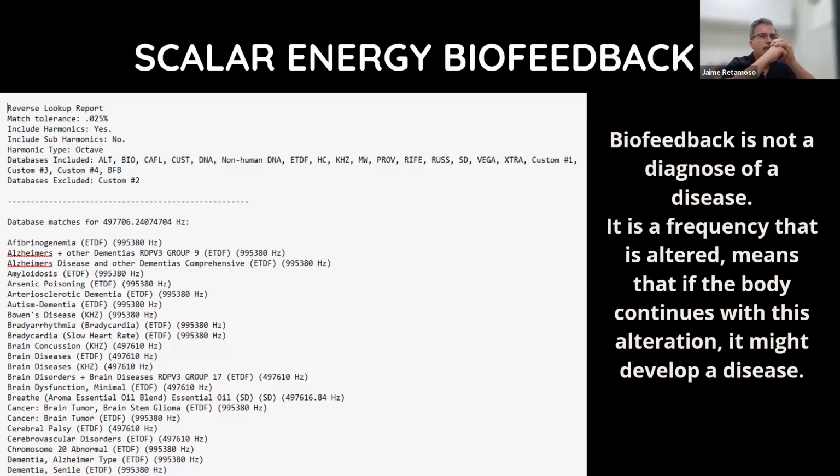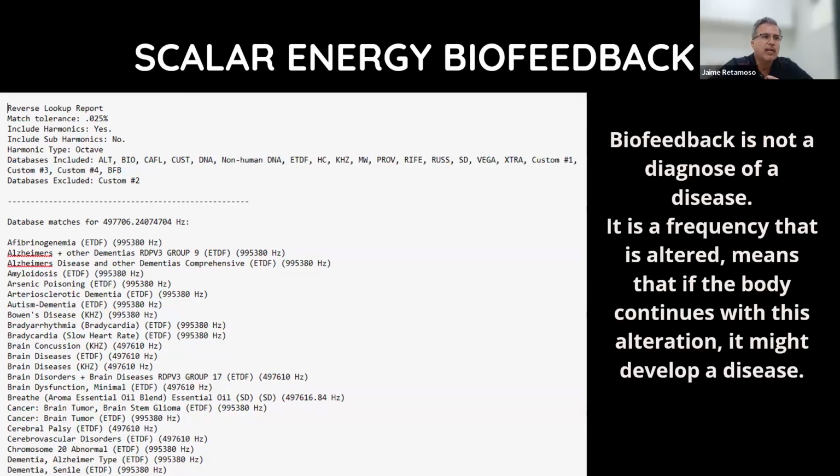So if the aggression of your body continues the same way, perhaps in 10, 20 years, depending on the level of aggression, you will develop one of these diseases. It doesn't mean you have that.